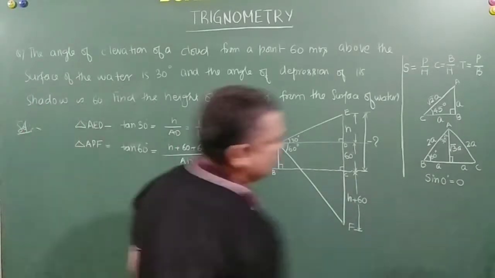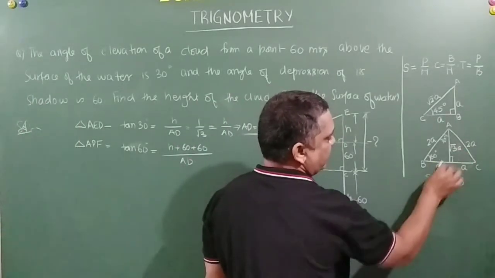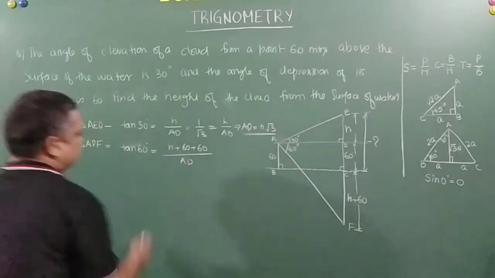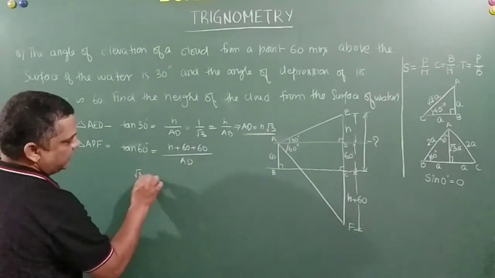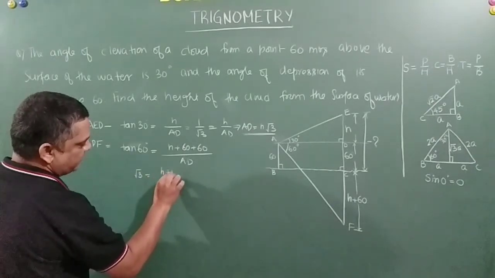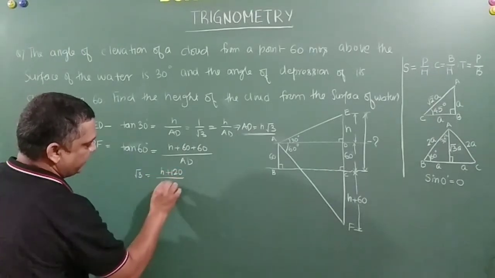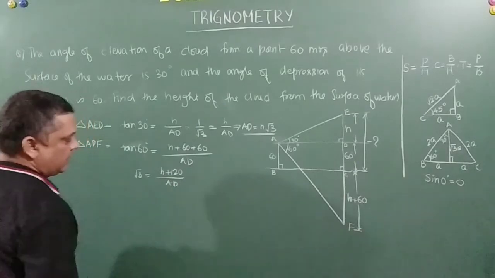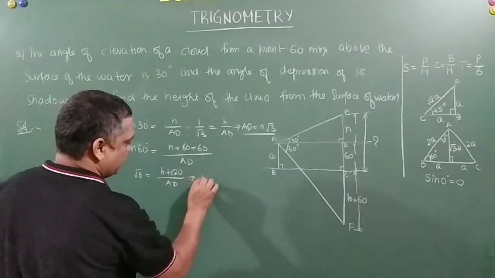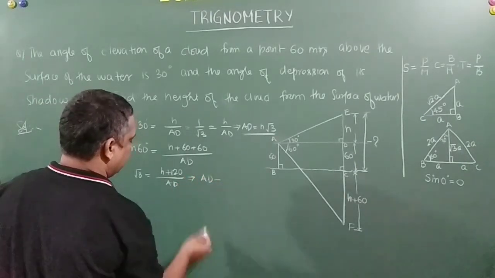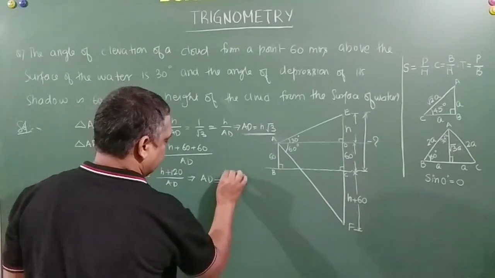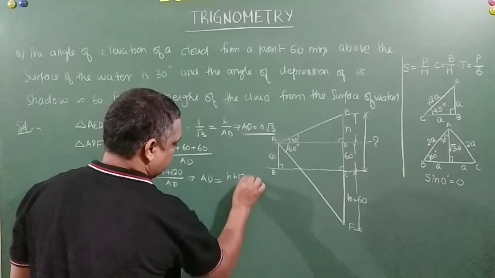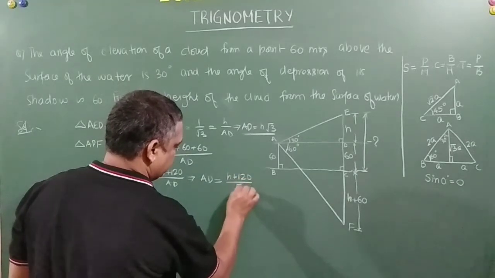Tan 60, perpendicular by base, that is root 3. So root 3 is equal to h plus 120 divided by AD. So AD is equal to h plus 120 divided by root 3.